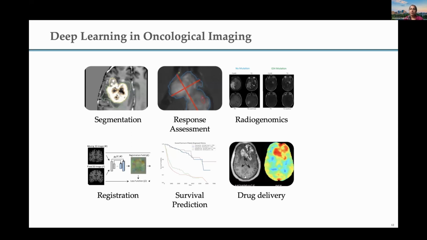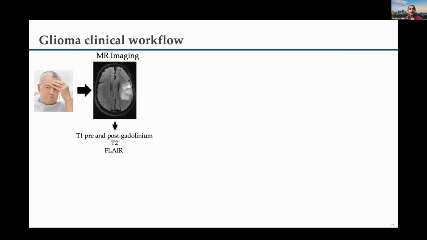Response assessment, so is a tumor getting bigger or smaller in response to therapy? Radiogenomics, image registration for longitudinal assessment, survival prediction, drug delivery. So a variety of approaches have been applied for radiological imaging in cancer.